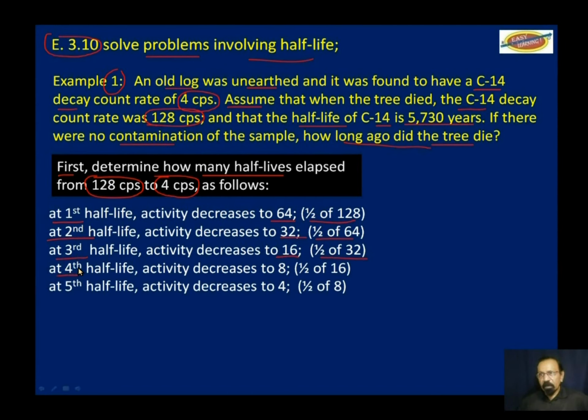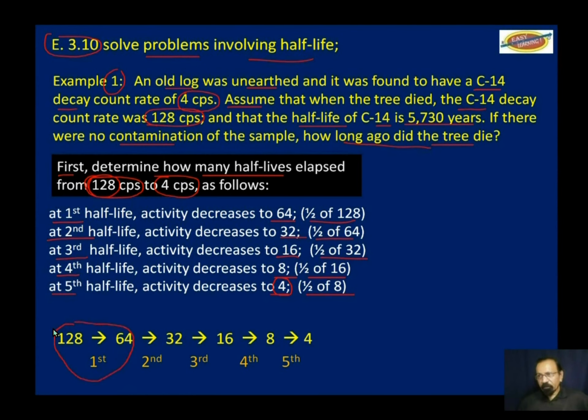The fourth half-life to drop to 8, which is half of 16. And finally, the fifth half-life, it will drop to 4, which is half of 8. Now remember, we are going from 128 to 4. So from 128 to 64, this will be one half-life. And from 64 to 32 will be another half-life, and so on. So we get 5 half-lives.